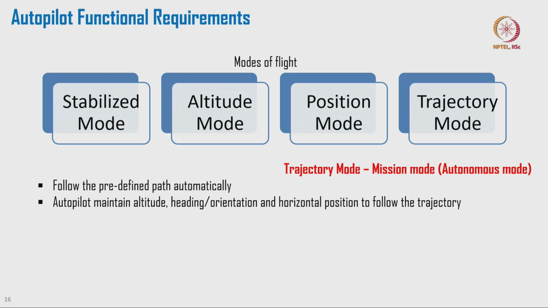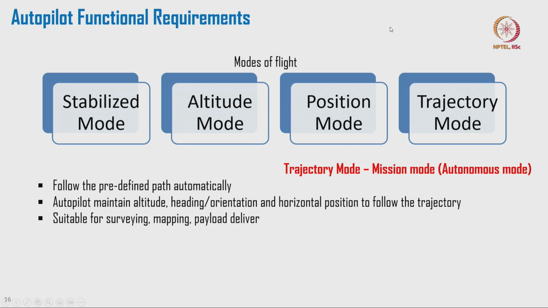Most of the work is done by the autopilot itself. It follows point A to point B at a specific velocity, and if you specify an altitude, it maintains the altitude while following the path automatically. These kinds of modes are suitable for surveying, mapping or payload delivery.